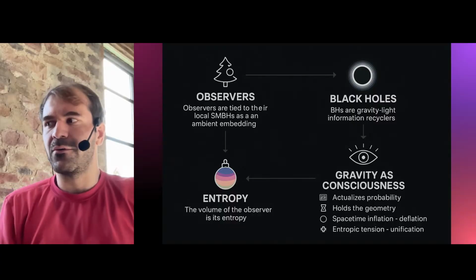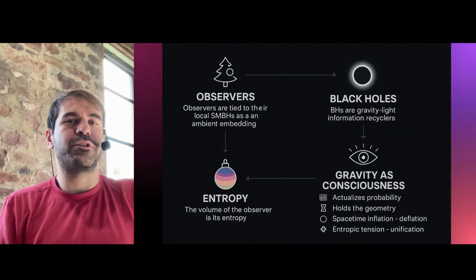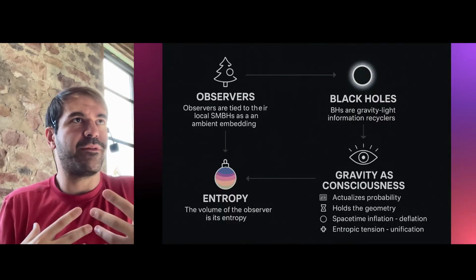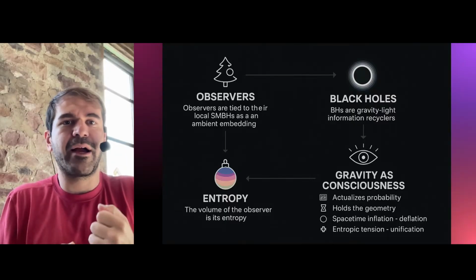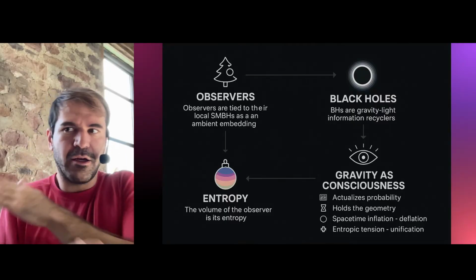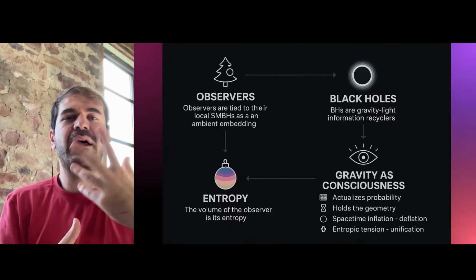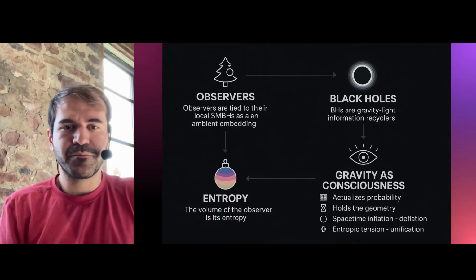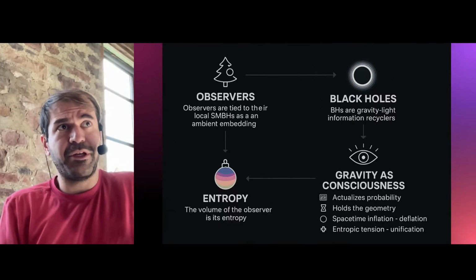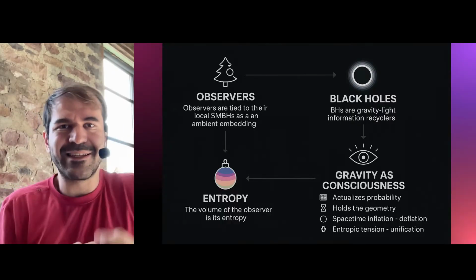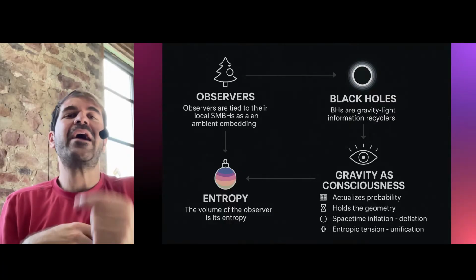So black holes, which are really bang holes, which are really the combination of a big bang and a black hole at the same time, not across time, are gravity, light, information recyclers. So instead of thinking of things linearly, you just think of things as a recycle. Everything's recycling.